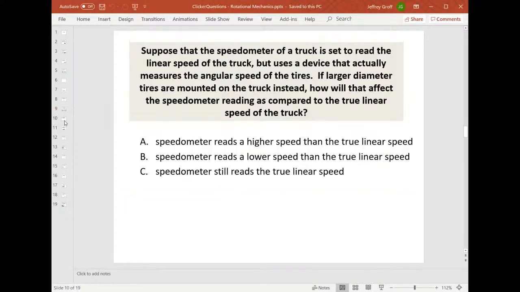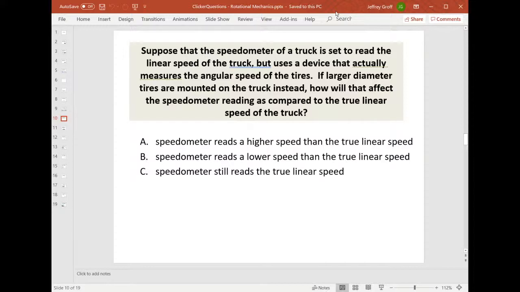All right, next question. Suppose that you have a speedometer in your truck and it's designed to measure the linear speed of the truck. But what it's actually doing is measuring an angular speed of something in the engine.